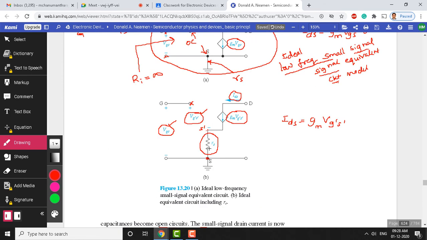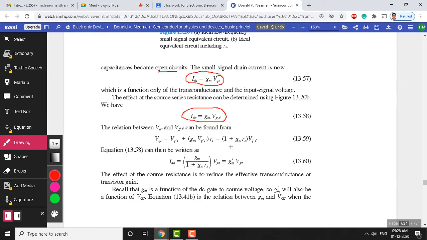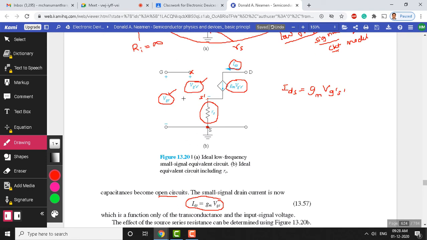Now let us try to obtain the relationship between this V G dash S dash and VGS. Now we can apply Kirchhoff's voltage law here and see what we get. Let us write it adjacent to this.